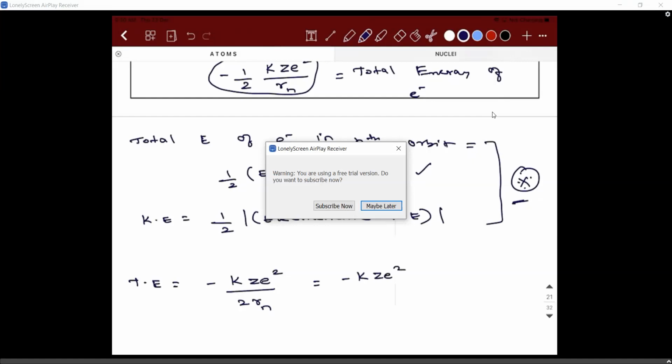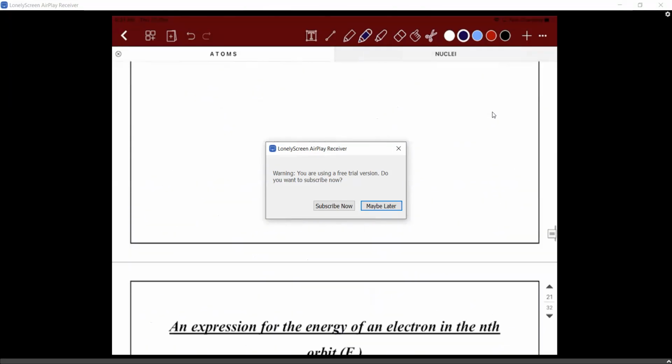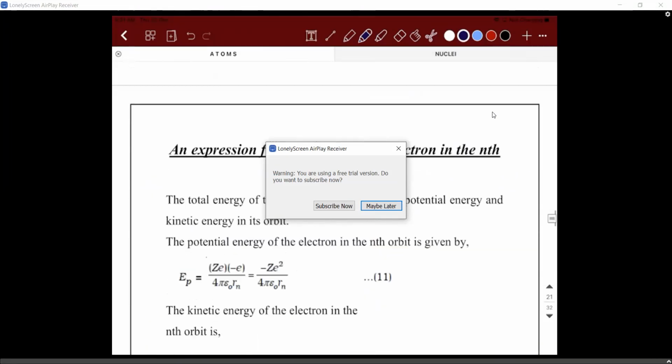Minus k z e square divided by, before we get to the 0.53, I want to write the whole expression that we got before the 0.53. So m e n square h square, one minute.